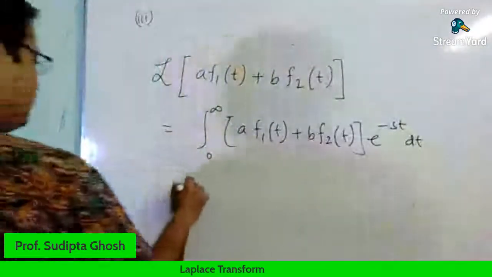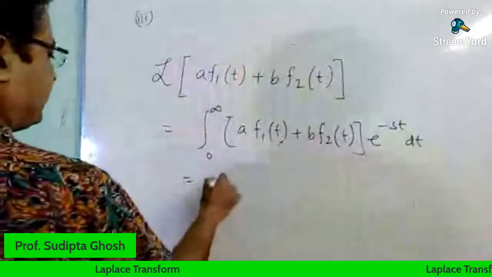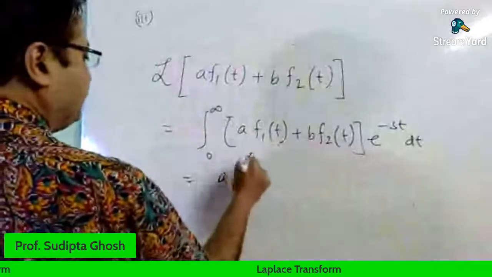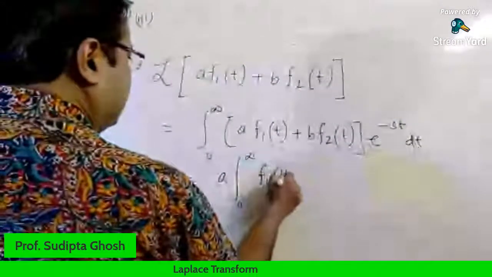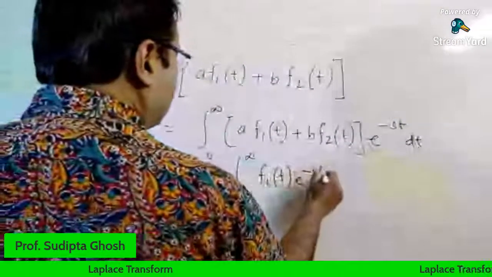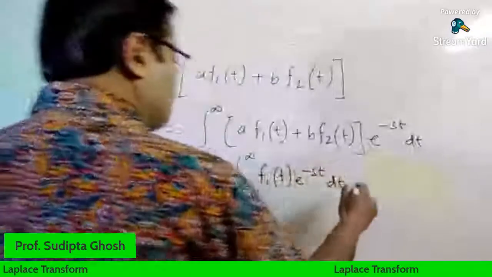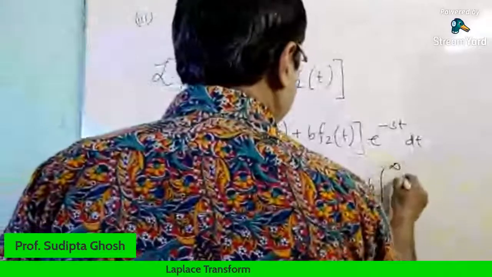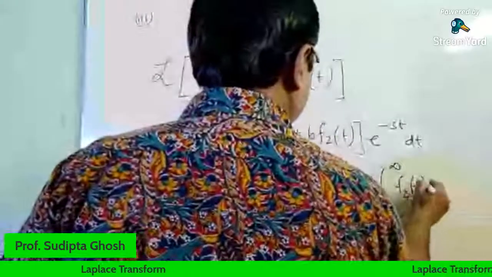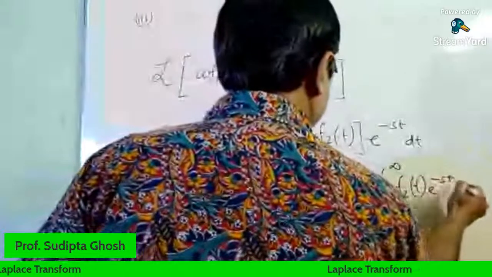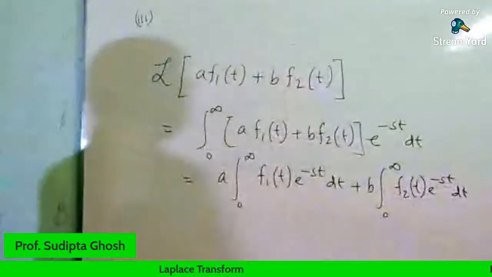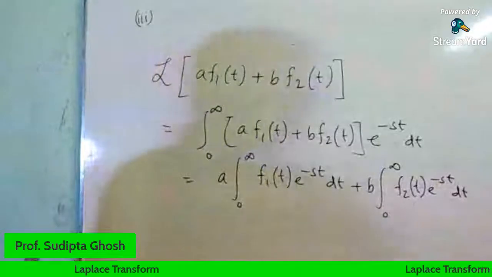Now splitting this into two integrals, it can be written as a integral 0 to infinity f1t e to the power minus st dt plus b integral 0 to infinity f2t e to the power minus st dt. So here I can write it as a summation of two integrals.